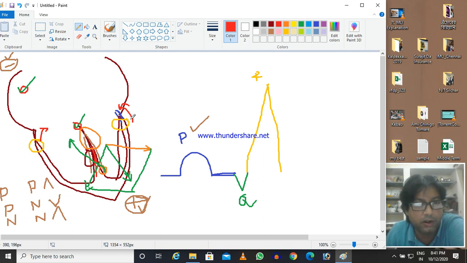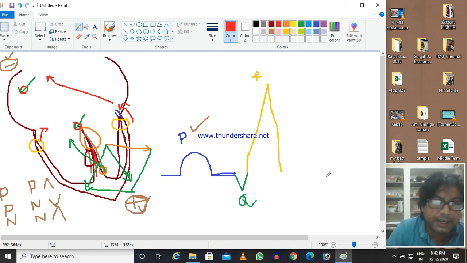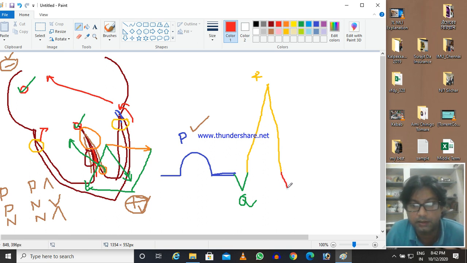Depolarization is always positive, and it is towards the negative electrode. So a positive wave going towards the negative electrode again creates a negative deflection. So this is called the S wave, completing the QRS.